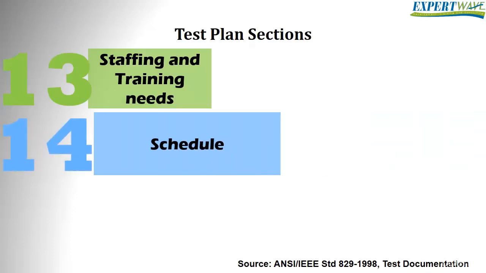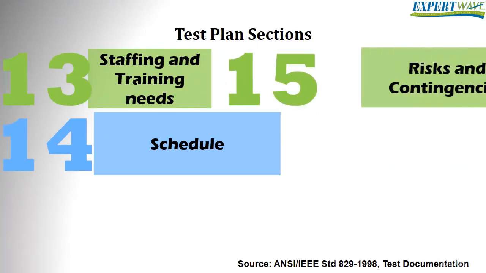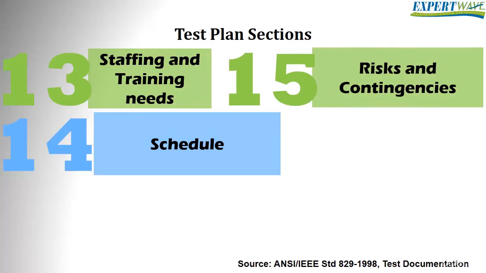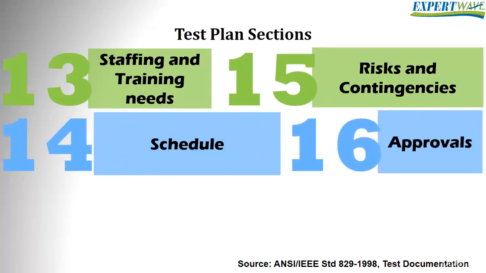Schedule. Here we will document tasks, dates, durations, delivery dates, and key milestones. 15. Risks and contingencies. High-level project risks and assumptions and a contingency plan for each risk should be documented. Last, 16. Approvals. In this section, we will identify all approvers of the document, their titles, and the date of signature.